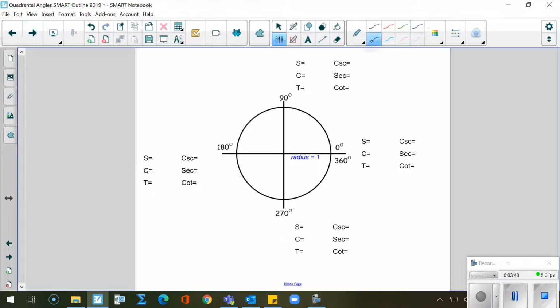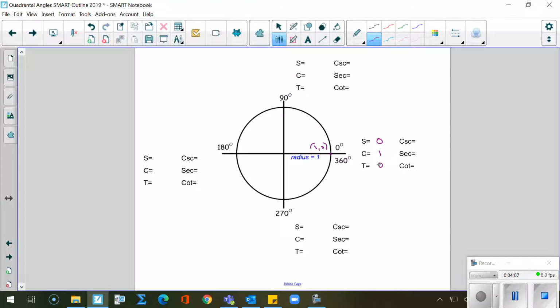So once again, let's put on our ordered pairs. At 0 degrees, also at 360 degrees, we have the ordered pair 1, 0. Sine is the y coordinate. Cosine is the x coordinate. Tangent is sine over cosine, 0 over 1, which is 0.